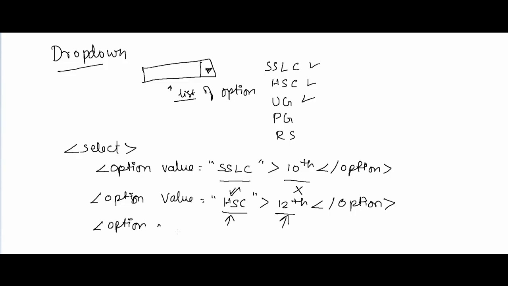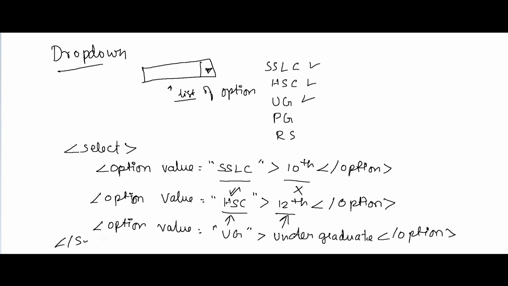Next option, value is equal to UG. Here we can give undergraduate. So at last, when you have completed adding the options, you can close the select. Okay? So this is drop down.